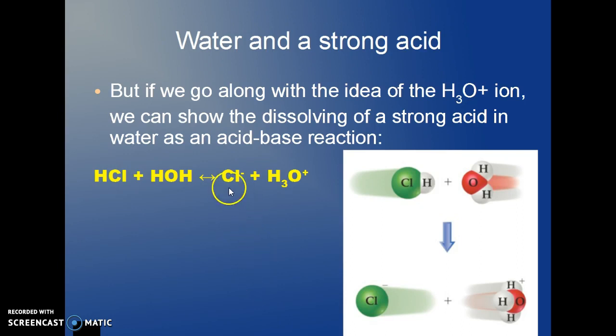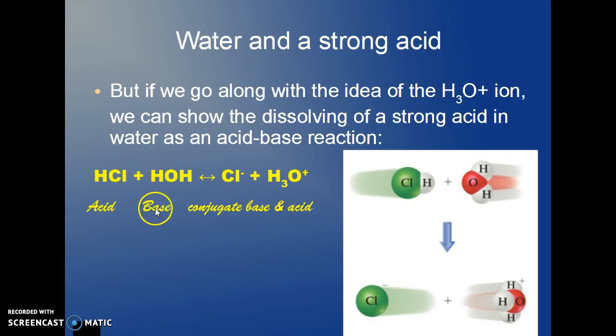You can see that diagrammed here as an equation, or here in picture, the hydrogen ion being stolen from the hydrogen chloride. In reality, remember, hydrogen chloride is a very strong acid, and therefore this is, again, simply an imaginative way of looking at it.